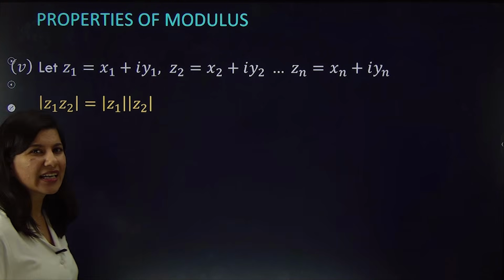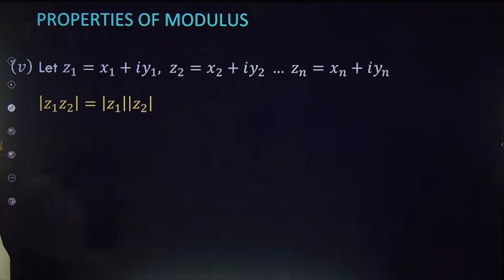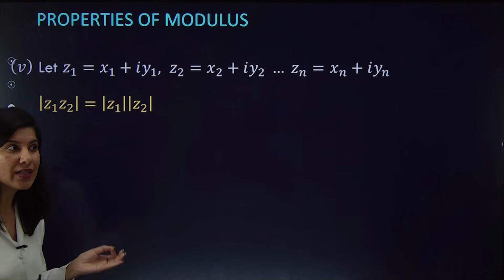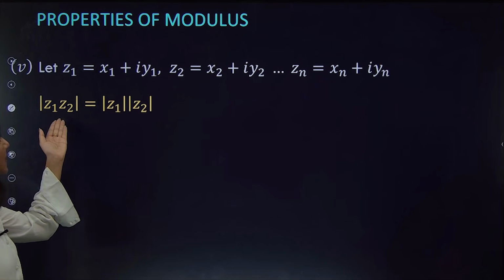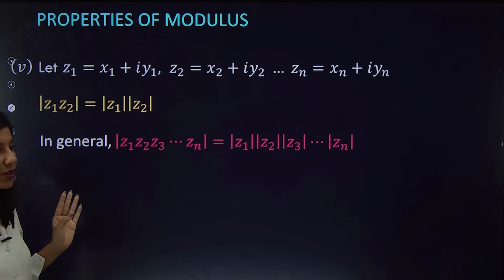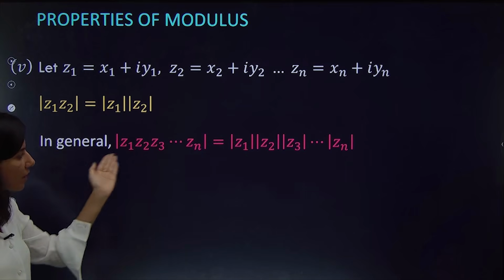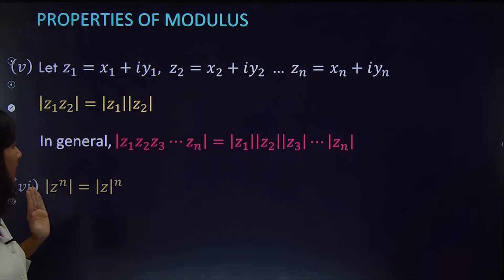Properties of modulus. The properties we have studied in conjugate are the same with modulus. Remember, we studied that conjugate of z1 z2 is z1 bar z2 bar. So here also mod of z1 z2 is mod z1 mod z2. You can just separate the modulus. Similarly, if there are multiple complex numbers in multiplication, you can separate them out.